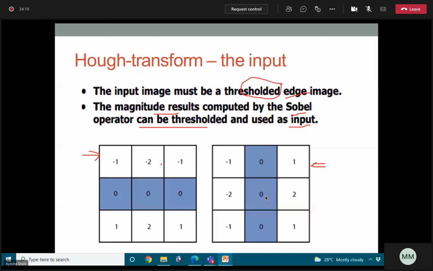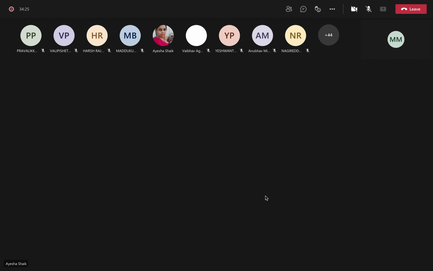It's not moving. Yes, ma'am. It's not moving. It's the same, the input. That's why it's fixed. Now.